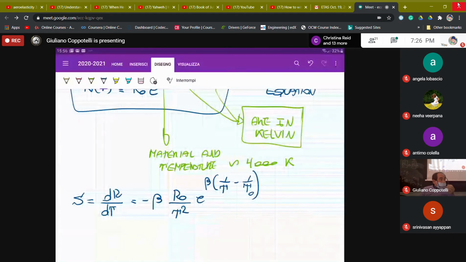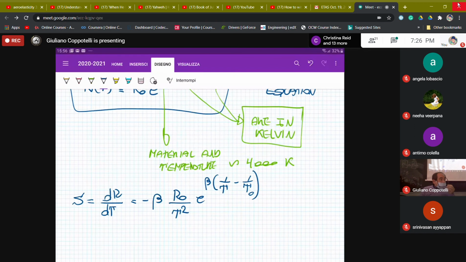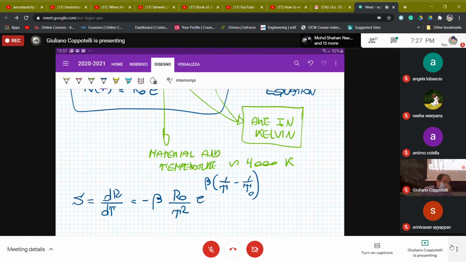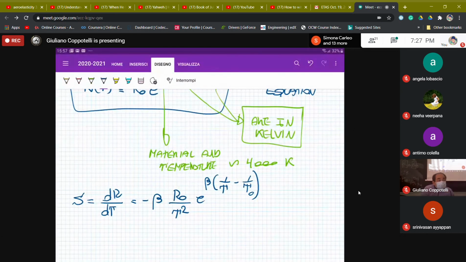Because if you put this thermistor in an electrical circuit, we have a negative change of resistance from this equation, so we can use this effect to compensate possible positive variation of resistance because of the increase of temperature. So we can use these thermistors as compensating devices when you need that.